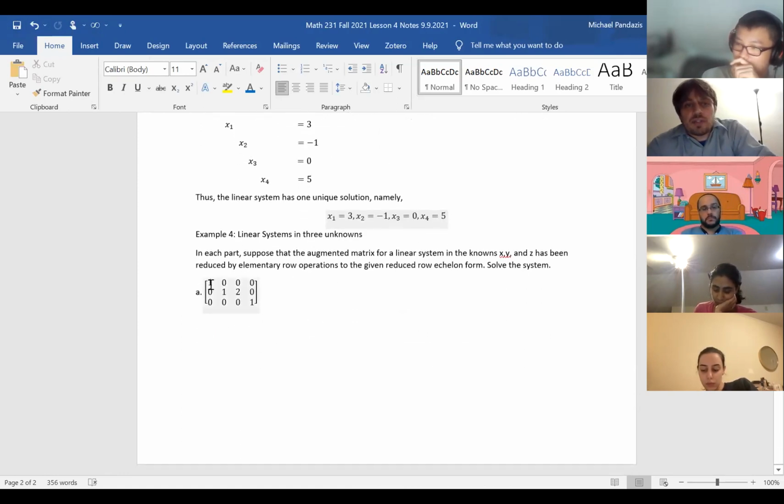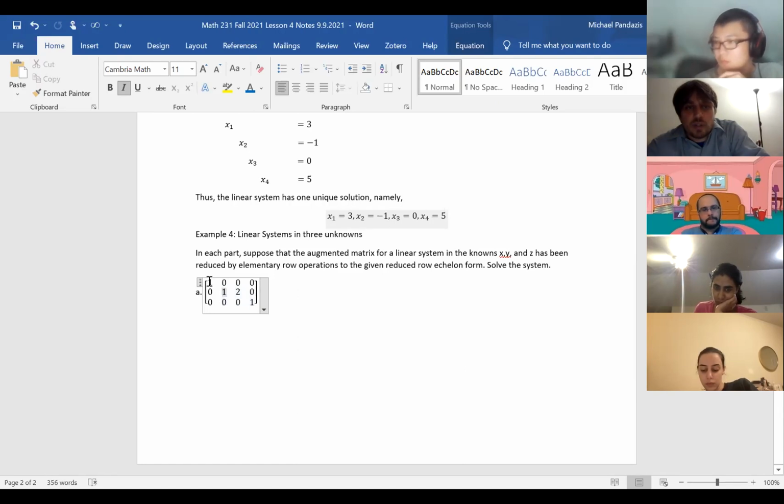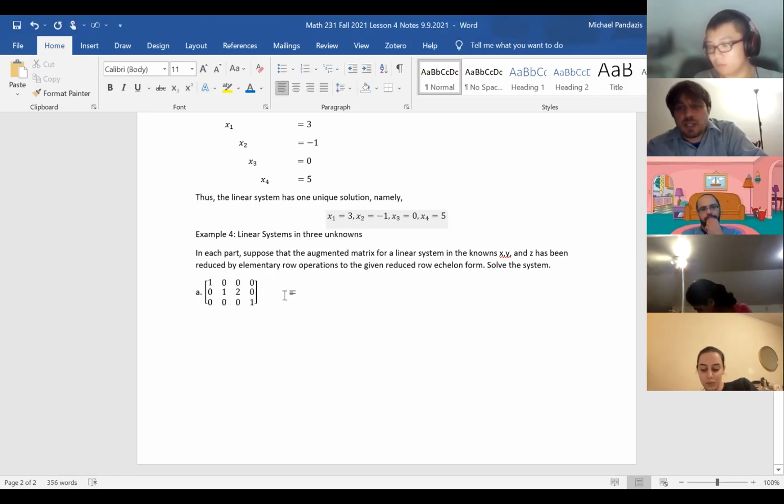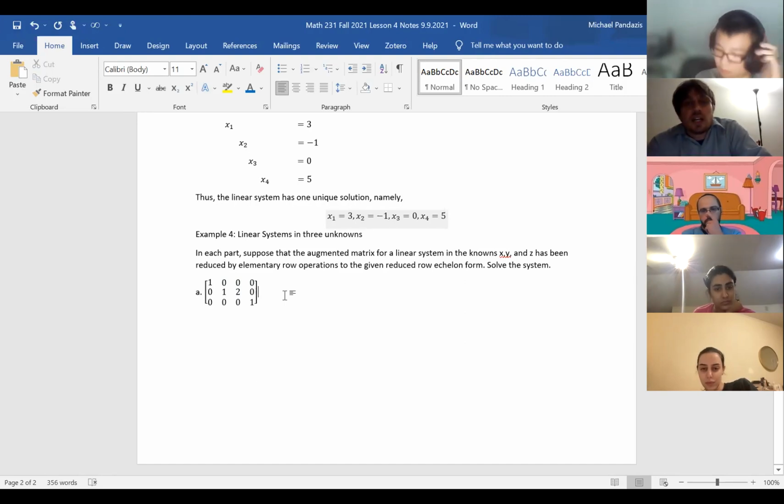Okay, so every non-zero row has a leading 1, property 1. All the 0 rows are at the bottom, true vacuously. The leading 1 in the lower row is to the right of the one above it. That's true, property 3. Property 4, every column with a leading 1 has 0s everywhere else. That's also true. Columns 1, 2, and 4 have leading 1s, and so those columns only have 0 entries everywhere else other than the leading 1s. So this matrix satisfies all 4 properties of a matrix being in reduced row echelon form.